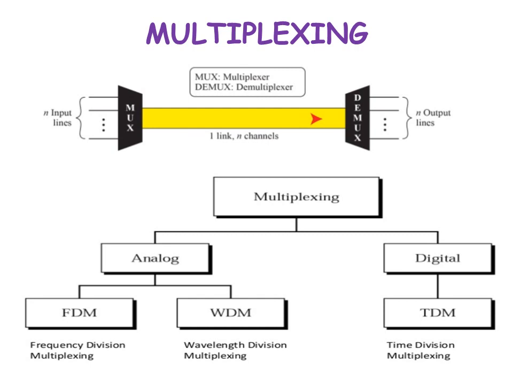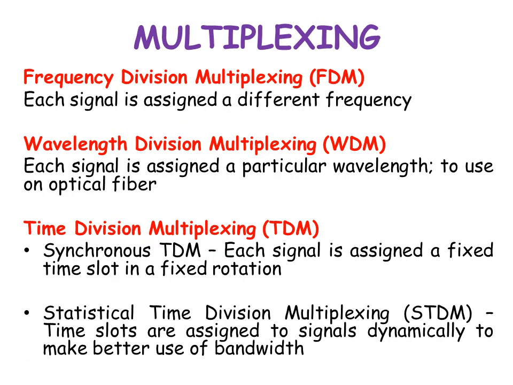Multiplexing is divided into two types, analog and digital. In analog you again have FDM, frequency division multiplexing, WDM, wavelength division multiplexing, and TDM, time division multiplexing. This classification was already seen in the previous slide, so we'll just have a quick brush through.